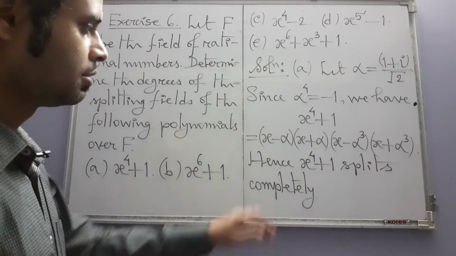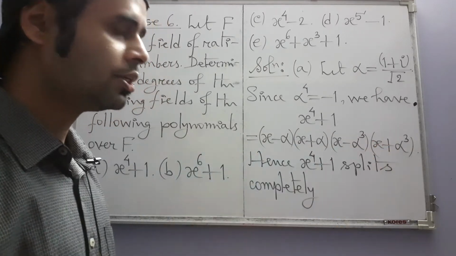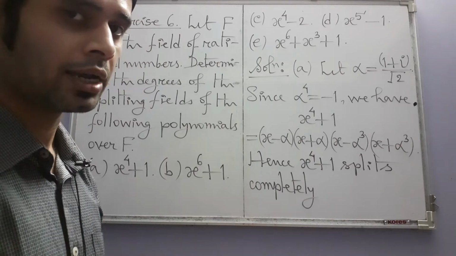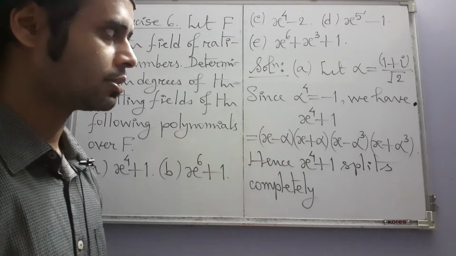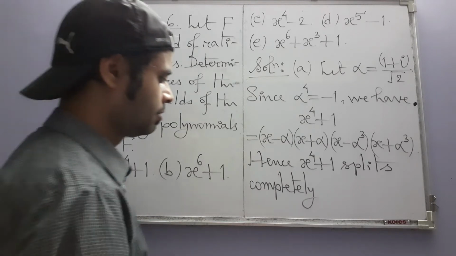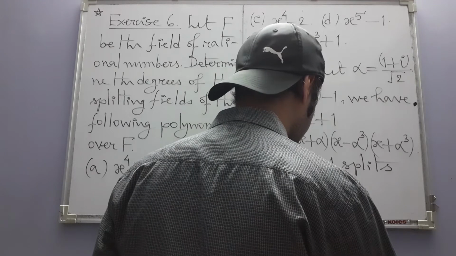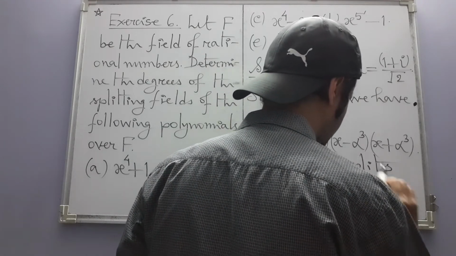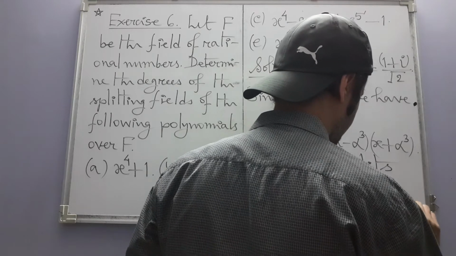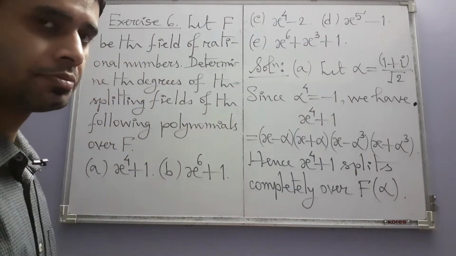Why? Because these, being linear factors, are irreducible polynomials or primes in the ring over which this factorization is happening. Hence this splits completely over this field extension of F.